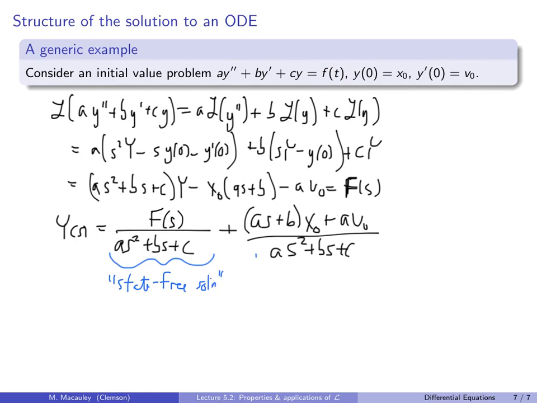It only depends on the forcing term, not the initial states x naught and v naught. This term up here depends only on x naught and v naught and not on the forcing term or the input term. So this sometimes is called the input-free solution.